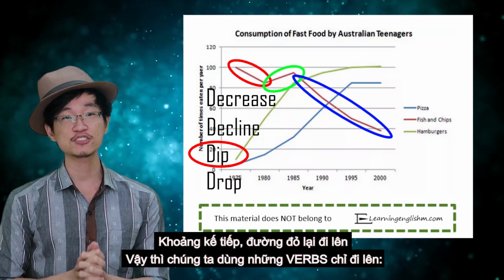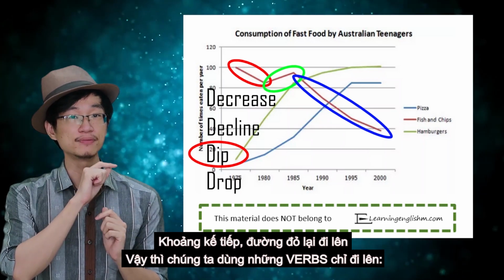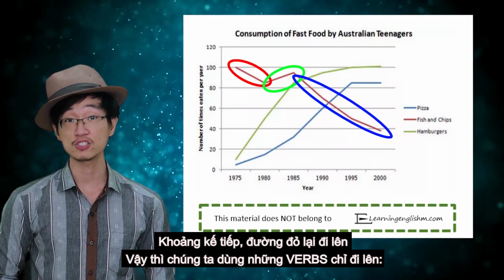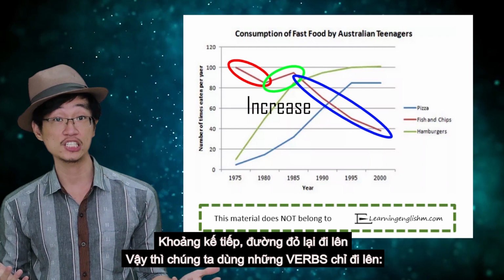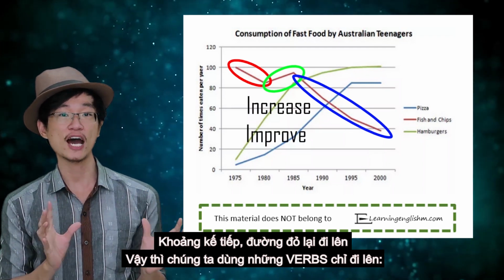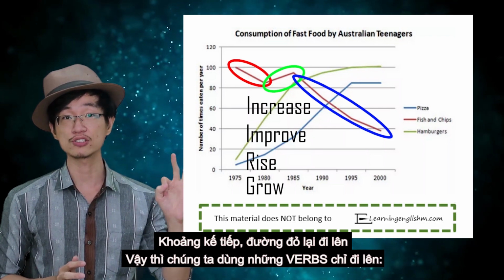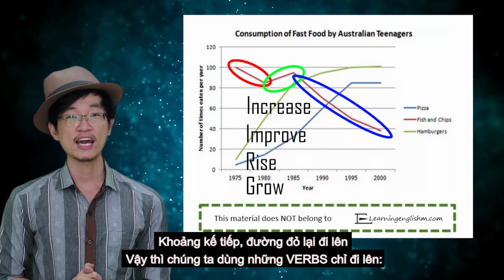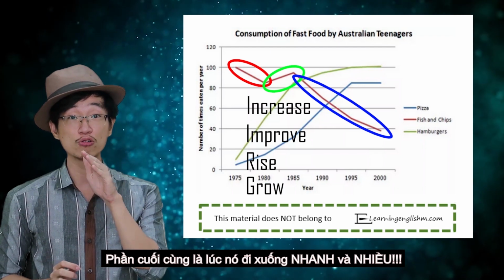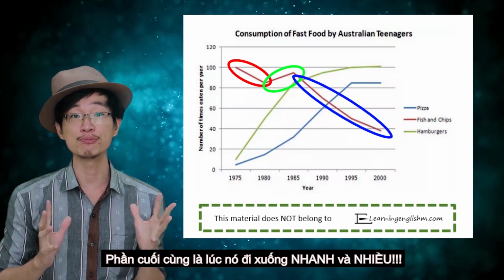Right, the next period is a part where they go up. There are many words to talk about this. We have increase, improve, rise, we have a lot of things, but I just introduced you to 3 words so that you can remember easily. And then the next thing is they go down very fast and very much.